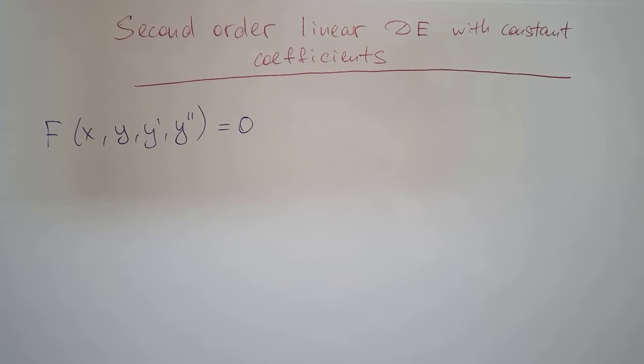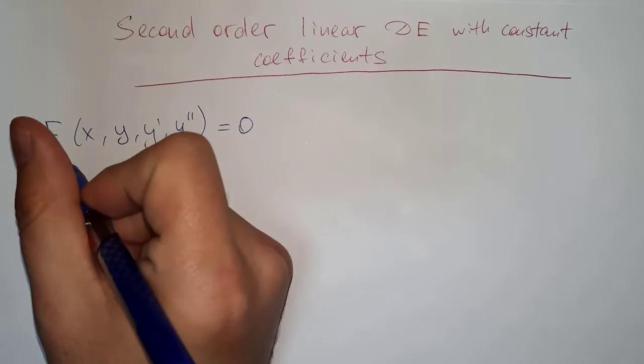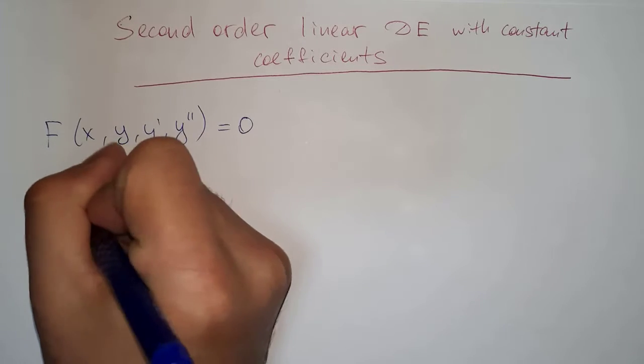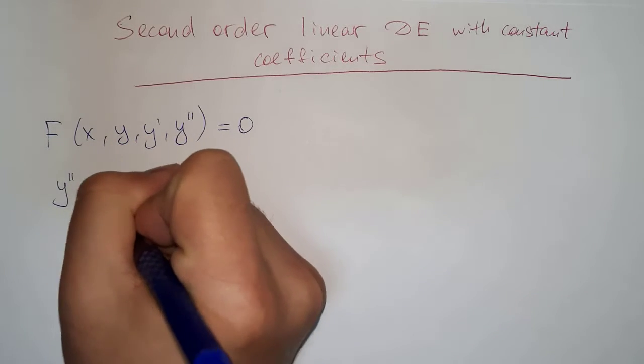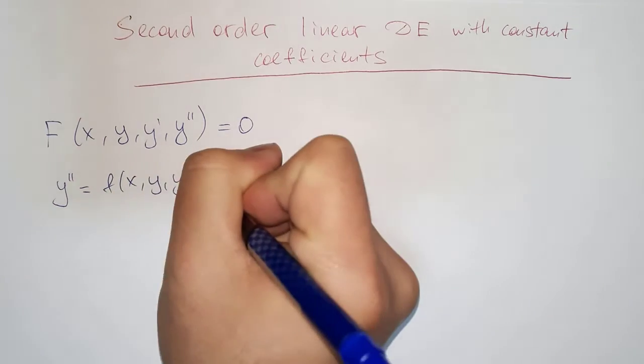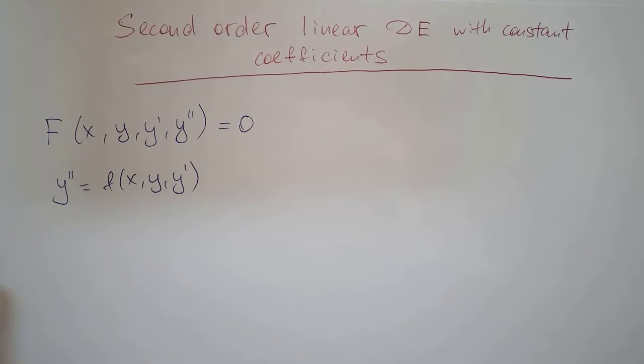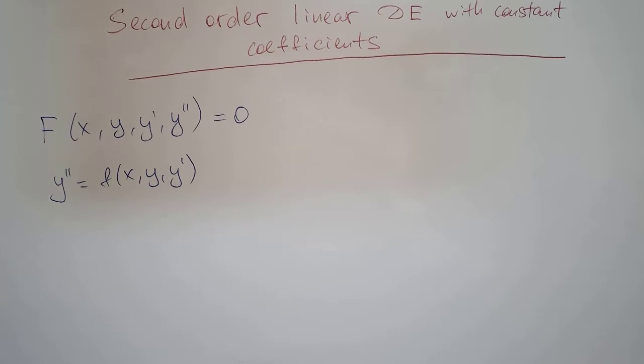If the differential equation can be resolved for the second derivative, it can be represented in the implicit form y double prime equals f of x, y, and y prime. So this is the second order differential equation.